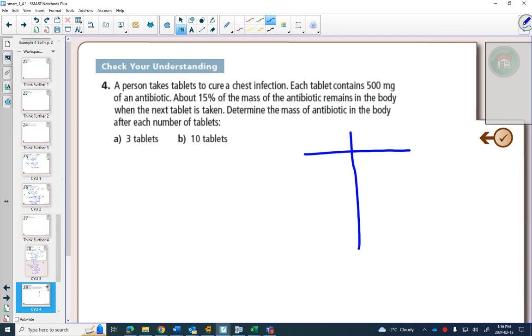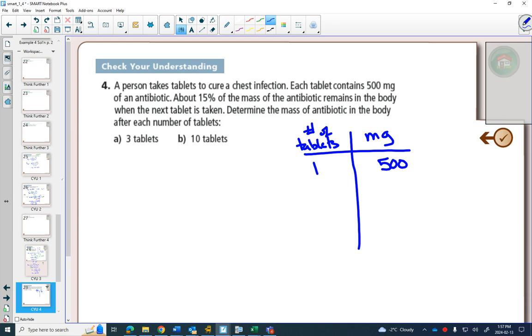Okay? In this table, number of tablets, and I'll put milligrams here. When you take your first tablet, this is easy. You have 500 milligrams in your body.